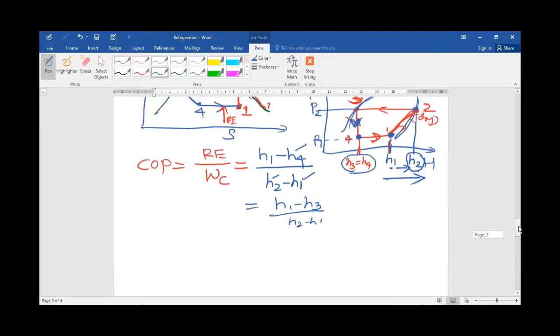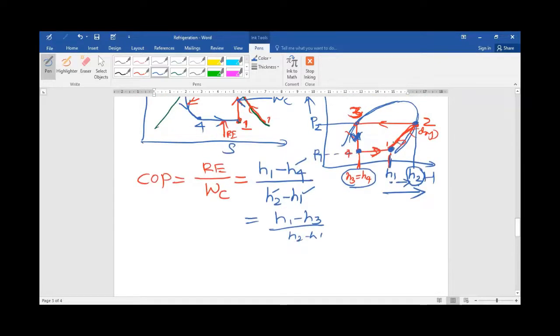So what is H1? We'll find out later. H1 is in wet condition. The H1 formula is HF plus X into HFG. Why are you writing this equation? Because point number 1 is between the saturated liquid line and the saturated vapor line, so you have to write the formula like this.